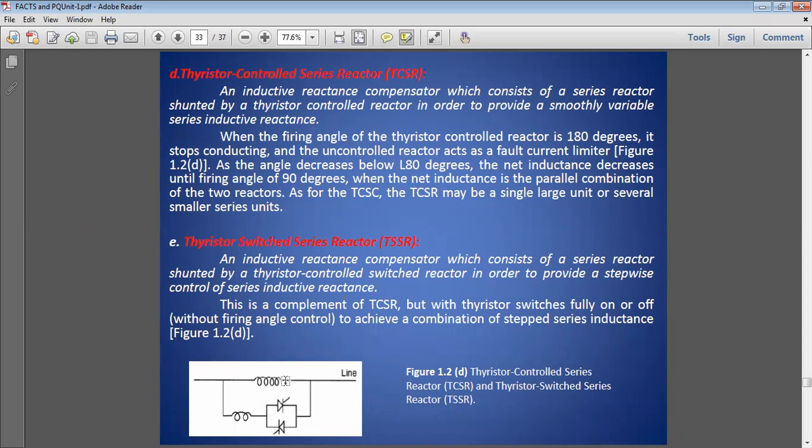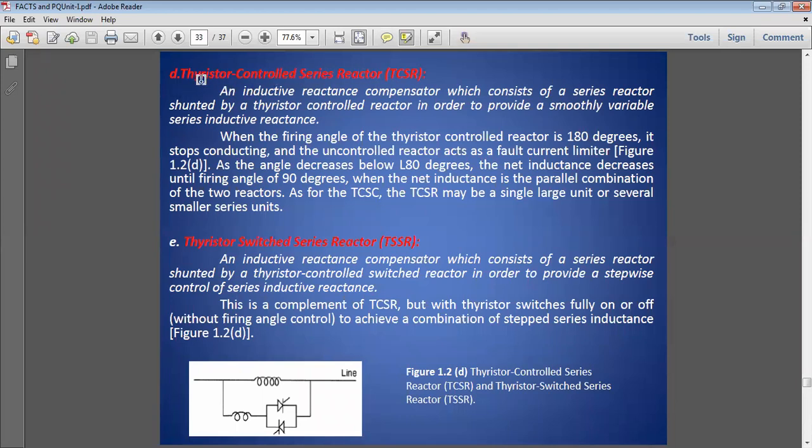So here, instead of a capacitor, a reactor is connected, and by controlling these two valves, it is possible to control the effective value of the inductor which is connected in series with the transmission line.